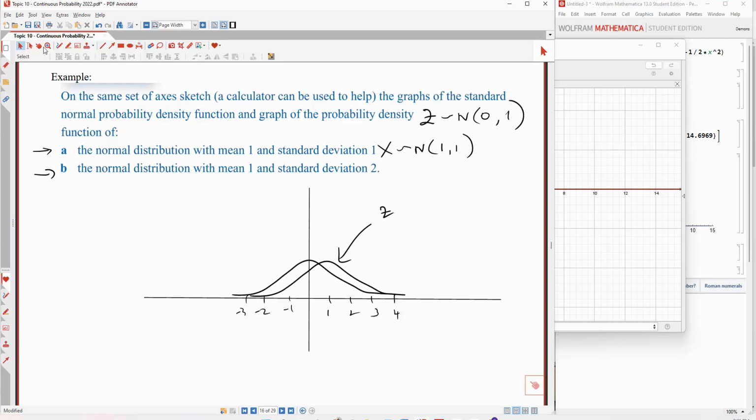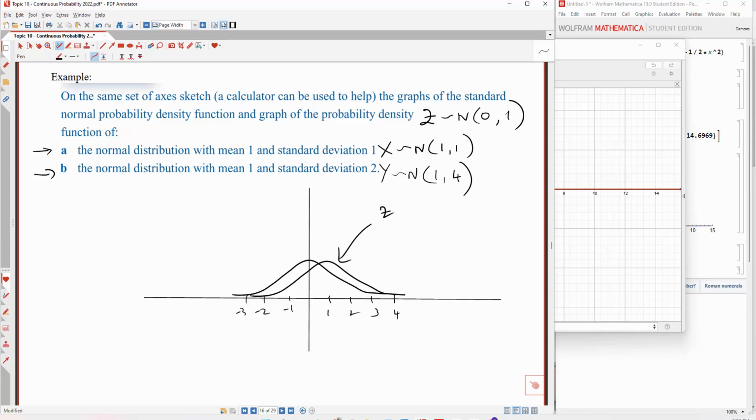Alright, what about the last one? So we've got Y normally distributed with a mean of 1 and a standard deviation of 2. So that means the variance must be the standard deviation squared, so that's going to be 4. So the graph is going to be a bit more stretched out.